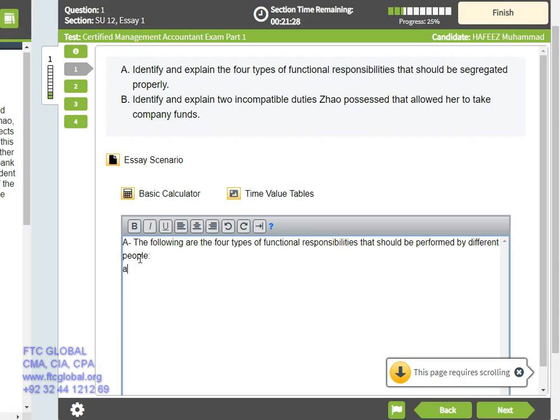First, authority. If you remember CARR, it could be in any order. Authority to execute transaction should be with someone else. B. Record keeping of such transactions must be with someone else.